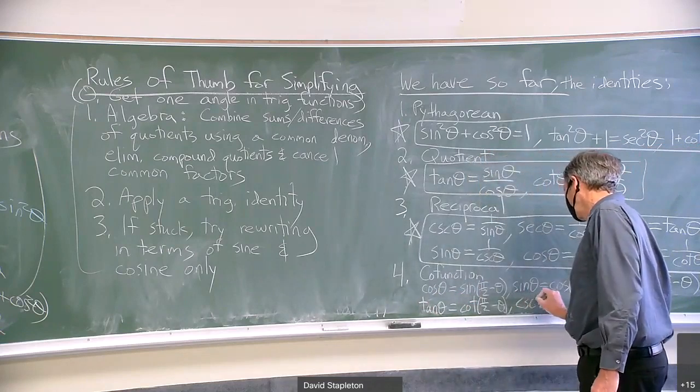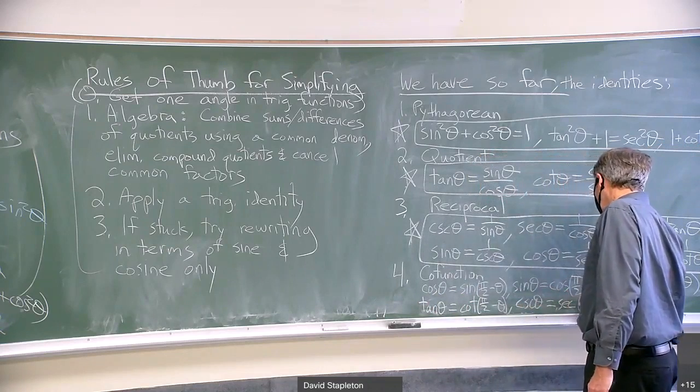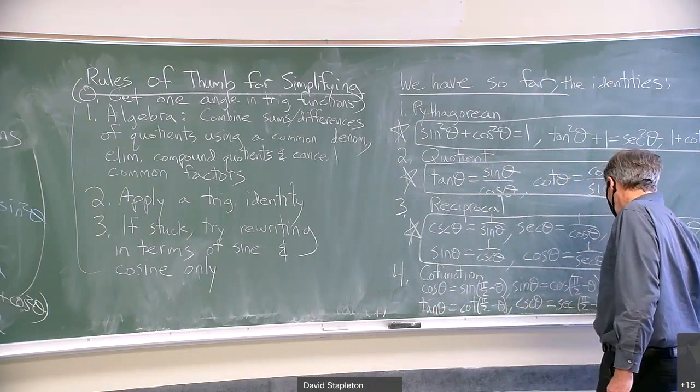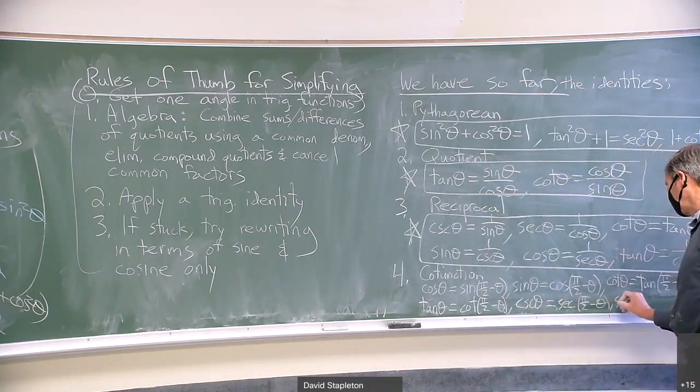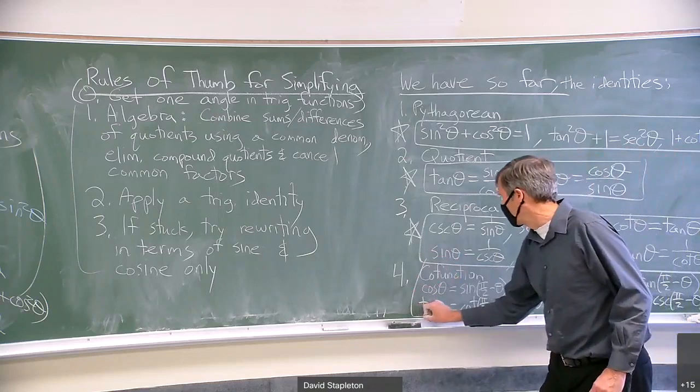Cosecant theta is the secant at pi over 2 minus theta. And correspondingly, the secant is the cosecant at pi over 2 minus theta. So there's these that you want to memorize, the cofunction identities.